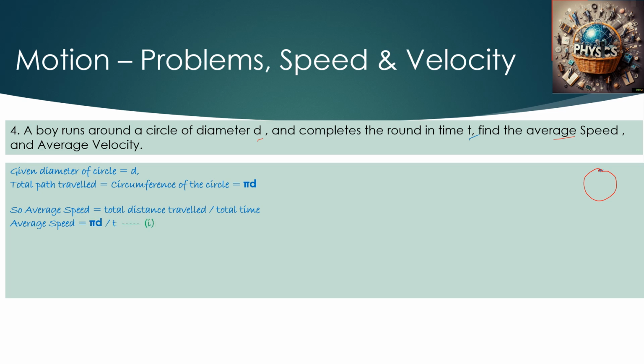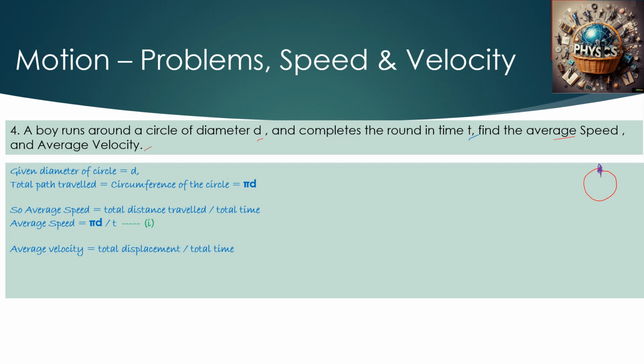Alright, so to find the average velocity, since velocity deals with the direction also, in this case it will be total displacement by total time taken. So displacement is what again? So let's take a different color. So if this is the starting point, it goes all the round and then reaches back to this point only, this point.